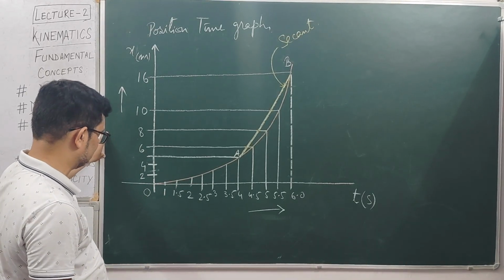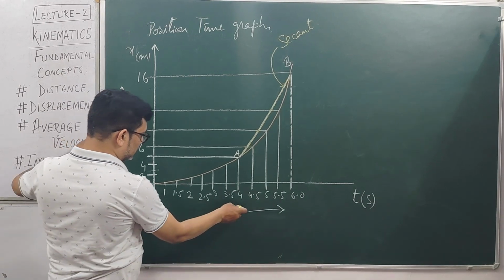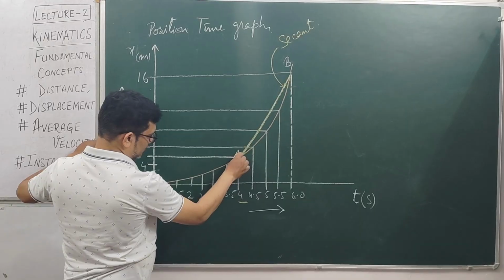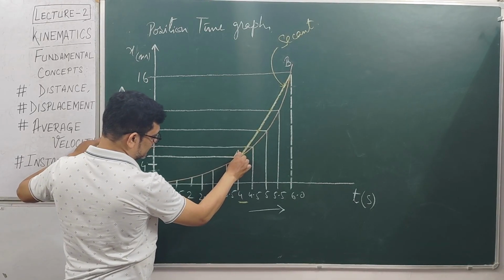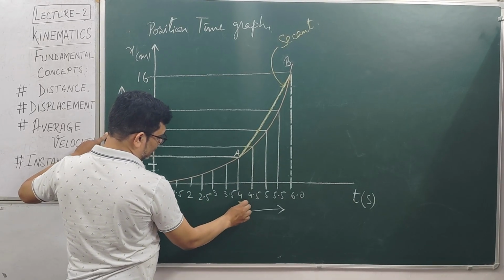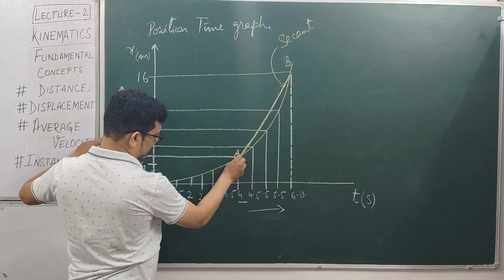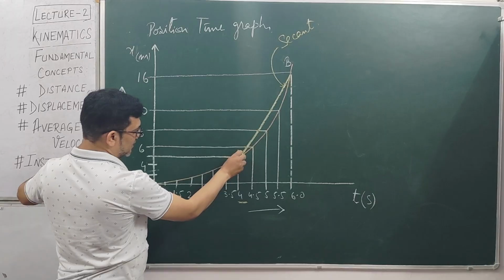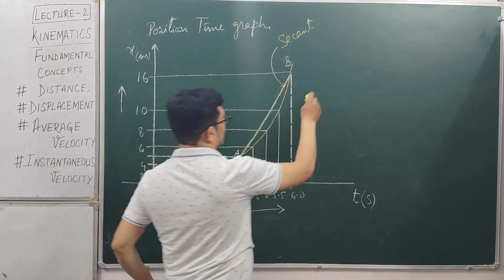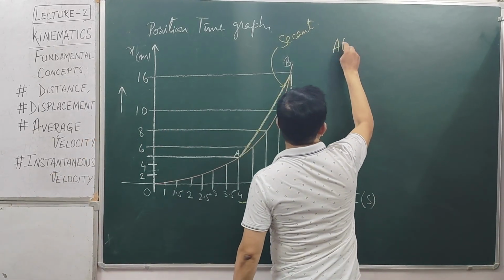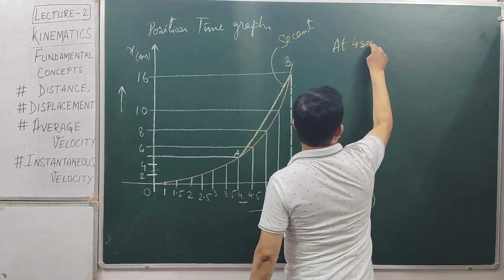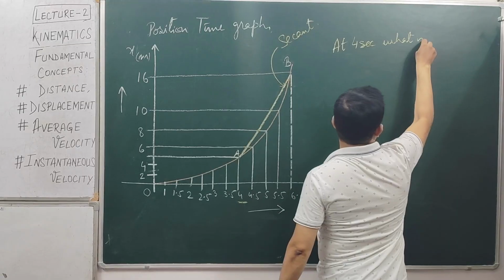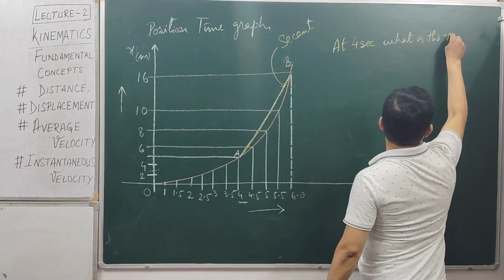Well, now this is what the situation is. Suppose we take 4 seconds as our starting point, at any instant of time, we have taken 4 seconds as our point A. And we want to find at this point, at 4 seconds, what is the velocity.